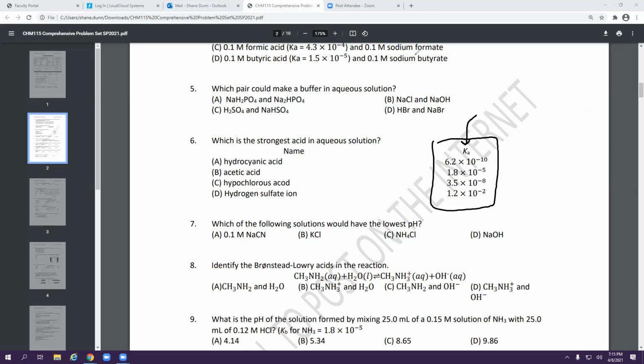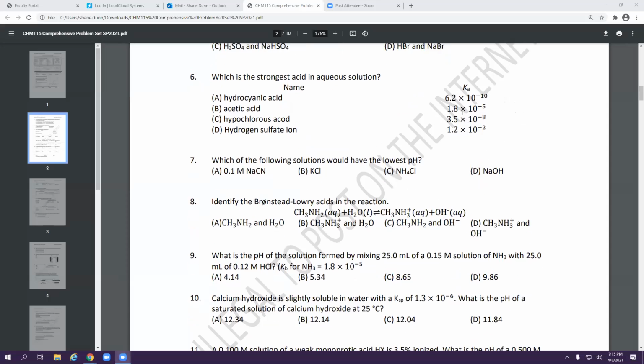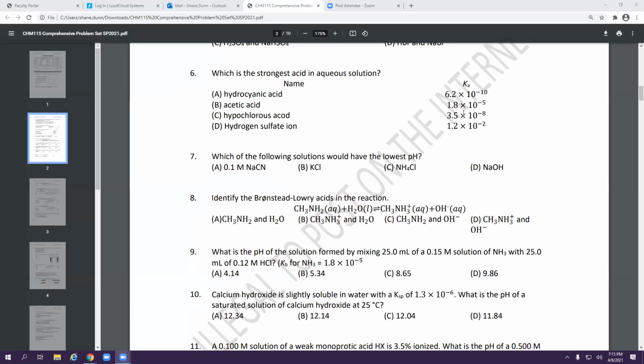So, Zoomies, you good? Okay, low pH means what? Acidic means strong acid. So, let's look. Let's do the easy one first. NaOH, strong base.